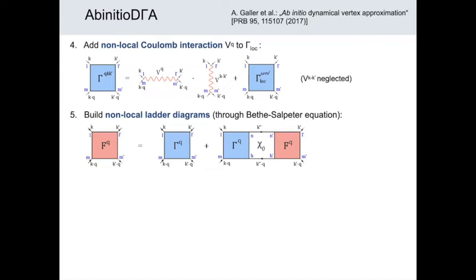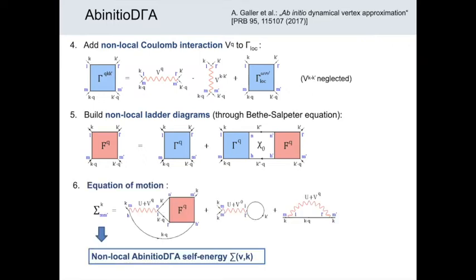So this is, of course, now a non-local object. And that, like in DΓA, we can insert it in the equation of motion, and together with the Hartree and the Fock diagrams, it gives me the non-local ab initio DΓA self-energy.